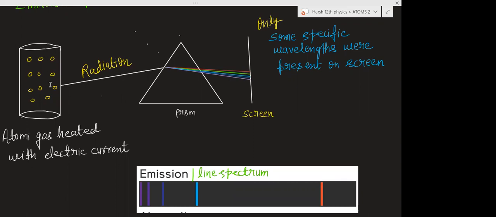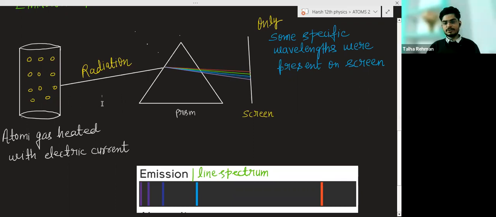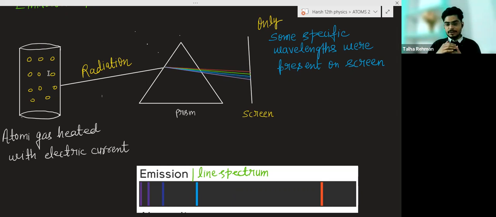You are giving heat to these gas atoms, and inside the atoms electrons are there. The electron will absorb heat and go to the higher energy level. But at the higher energy level, the electron is unstable.